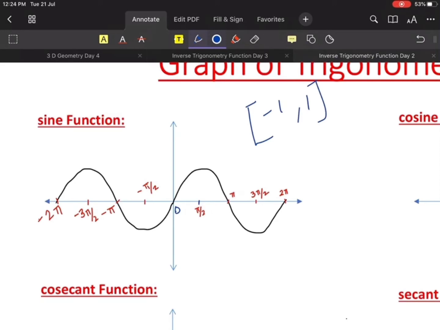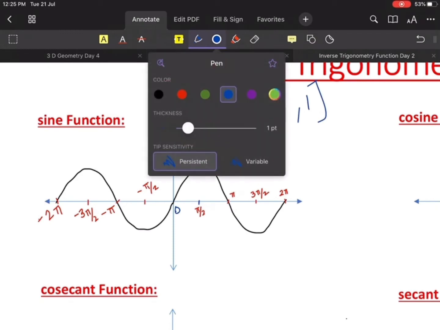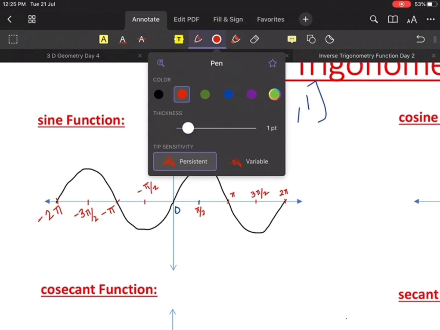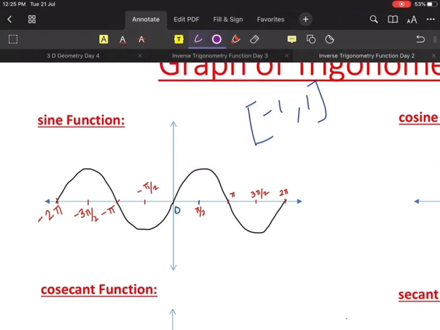Okay, so let's try to cut the graph. So think carefully and tell me, where should I cut the graph so that we can get it? Now look at it carefully.